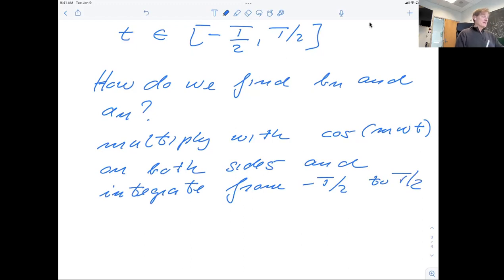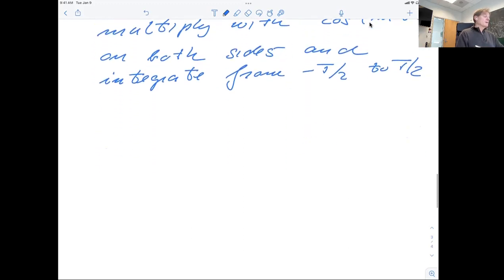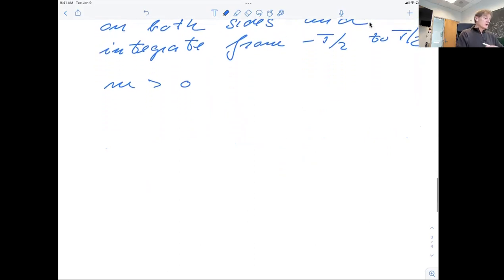So if we do that, then we are going to get the following thing. So we are assuming now that this n is larger than 0. And we are going to look at the case where n is actually equal to 0. That becomes a special case. So what we would have then is something like this. We get an integral from minus T divided by 2 up to T divided by 2.